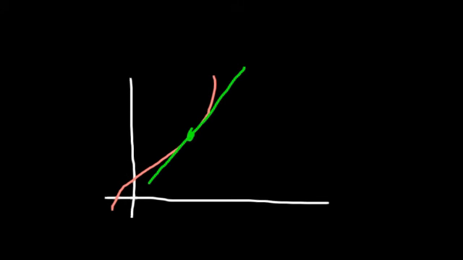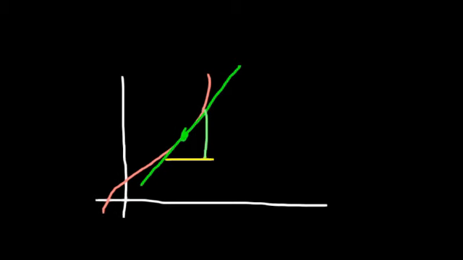At this point its slope is going to be rise over run, or in this case I'm drawing it downwards. Hopefully you know that by now.